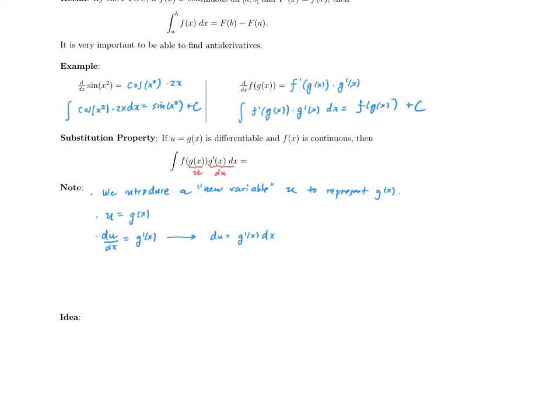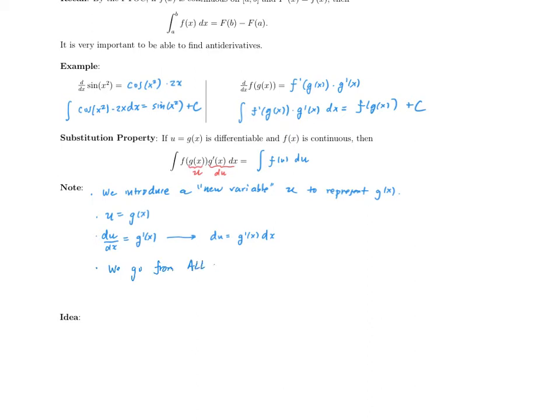So this integral starts off only involving the variable x, but we can rewrite it now so that it only involves the variable u. And this formula is what we think of as being substitution. And something I would really like to emphasize once again is that when we are using this method of integration, we go from all x to all u.